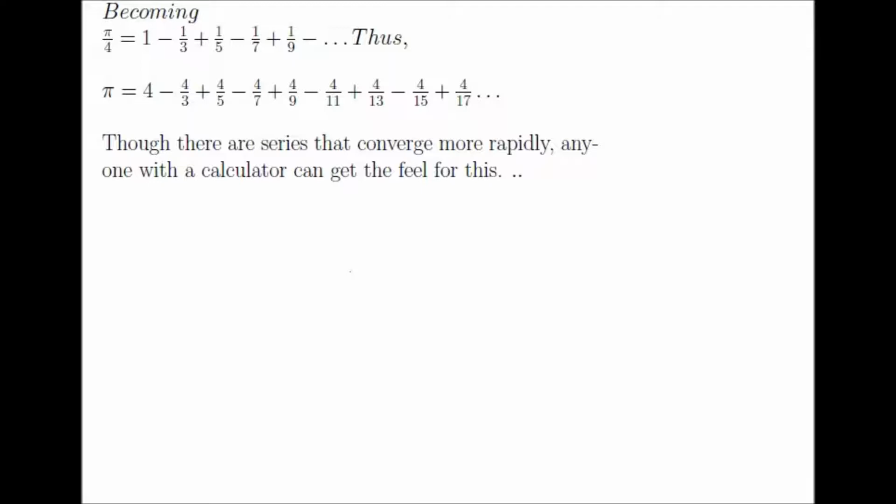Pi then equals 4 minus 4/3, plus 4/5, minus 4/7, plus 4/9, minus 4/11, plus 4/13, minus 4/15, plus 4/17, etc. Though there are series that converge more rapidly, anyone with a calculator can get the feel for this.